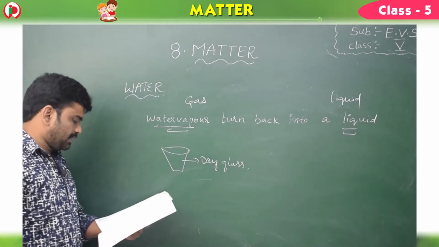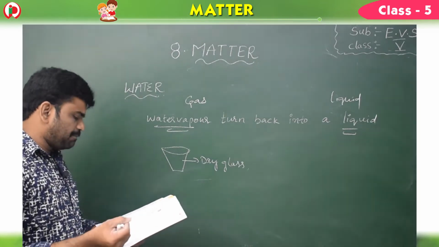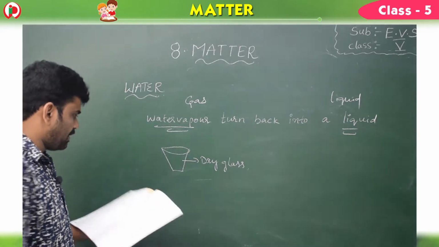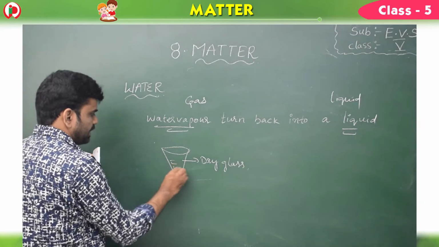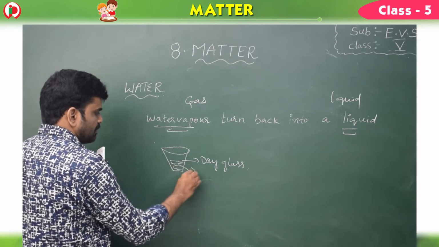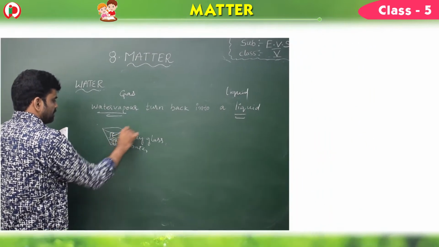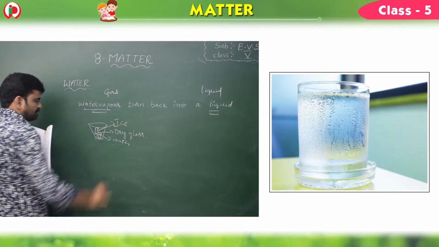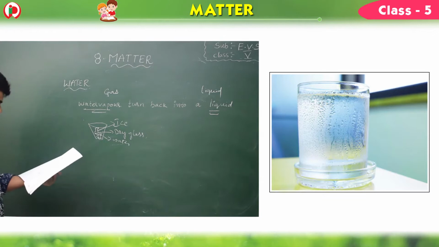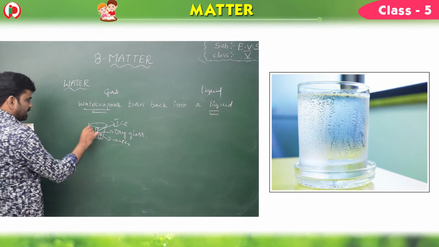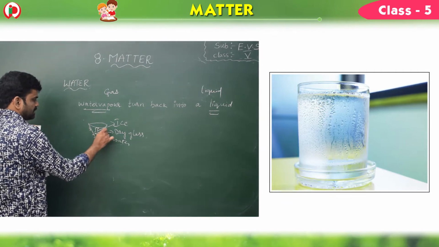So here you can see water vapor turn back into a liquid. When you fill a dry glass with water and ice, after a while you will see droplets of water gathering on the outside of the glass.